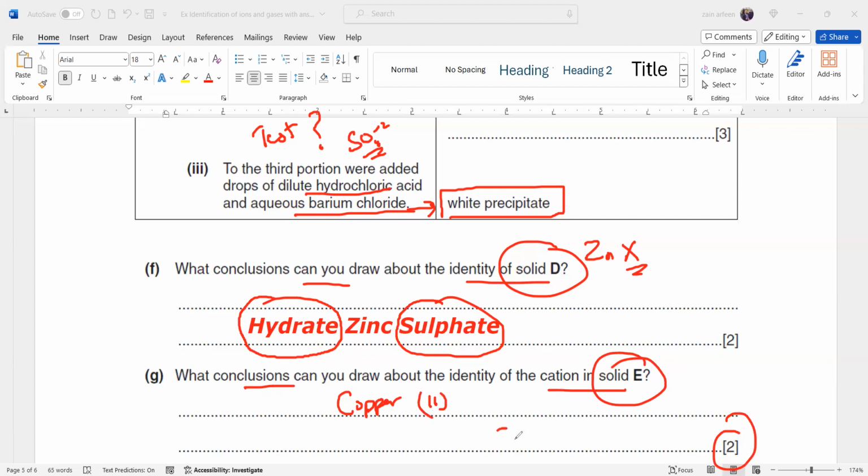In the exam, if you write Cu2+, that is also correct, or you can mention it contains copper(II) ion. 1 mark is for the metal and 1 mark is for the charge. So for a transition element, you should always write the charge.